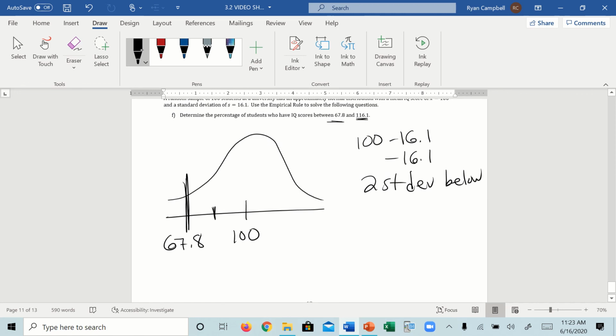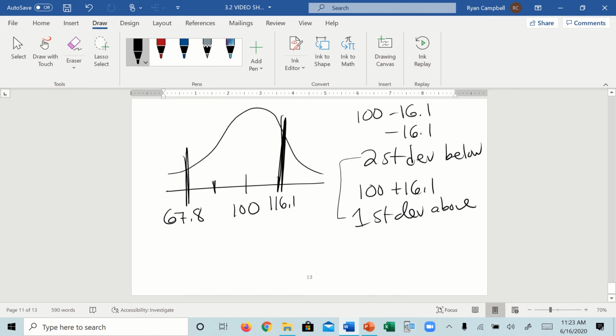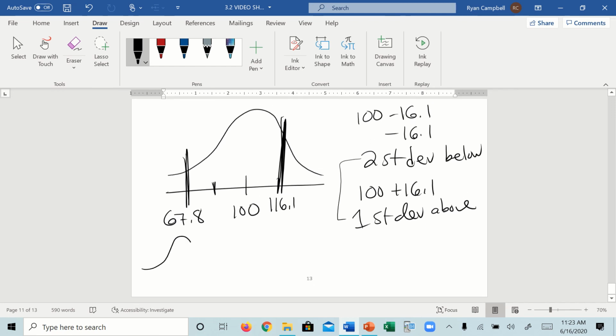Then we got 100 plus 16.1, which of course is 116.1. So this is 1 standard deviation above. So since they're not the same number, we got to split them in half, right? So again, let's just look at the top 1 standard deviation.